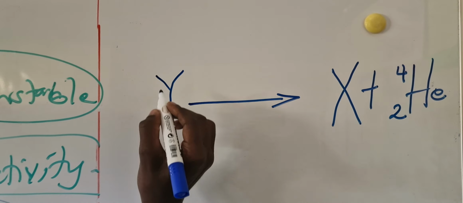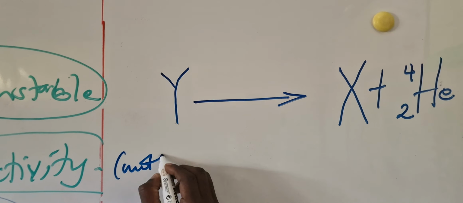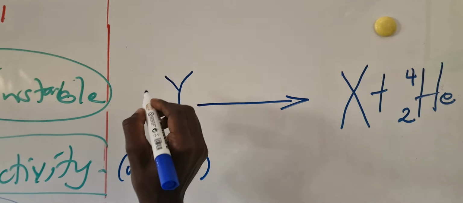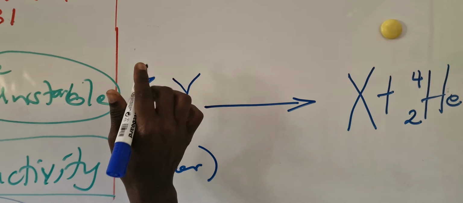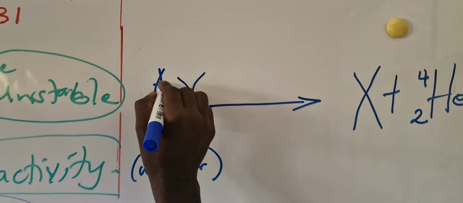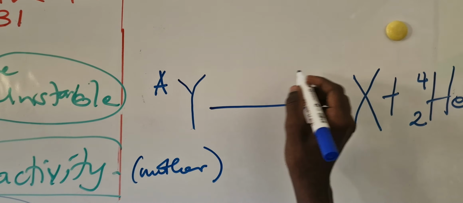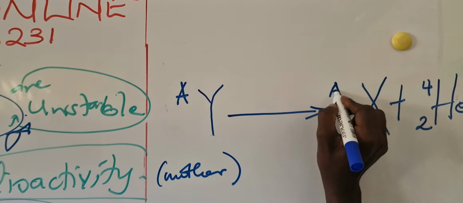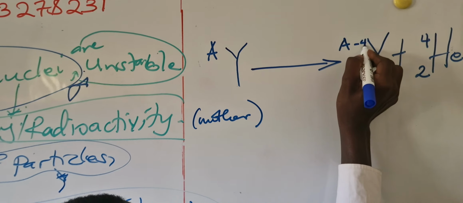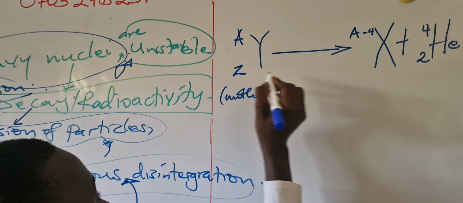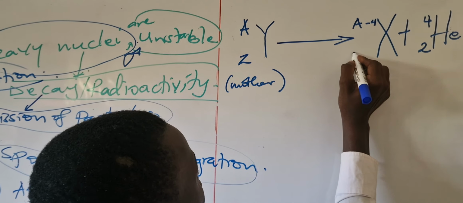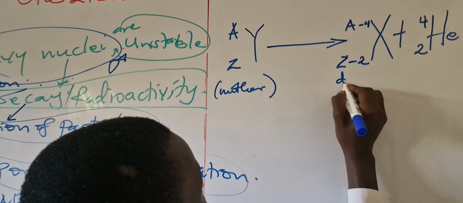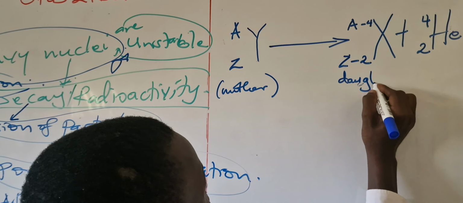And this means if this is the mother nucleus, the mass number of the mother nucleus will always reduce by 4, and the atomic number will always reduce by 2, such that it forms a daughter nucleus.